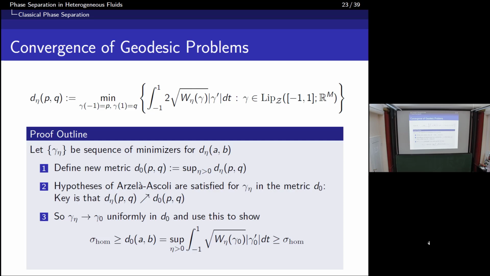And then once you have this, there is another inequality you can establish because W eta, in some sense, since it's the sup of all your etas, is also close to your W hom. So the main, really, the technical part is in this one, but it's not too bad since, okay, you follow, I guess, some of the ideas from the Zuniga-Sternberg paper, and you end up getting this.